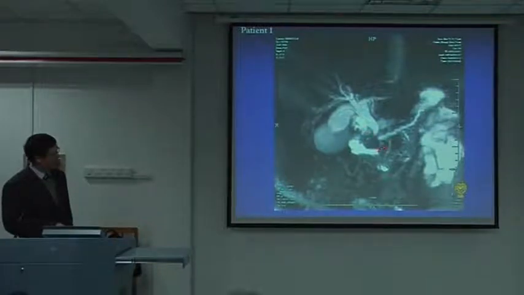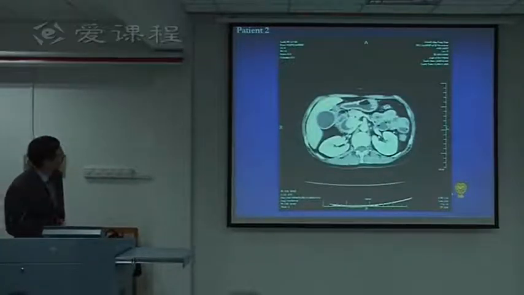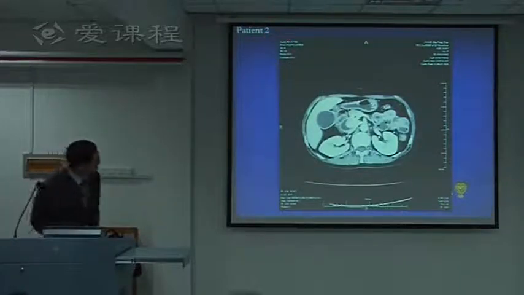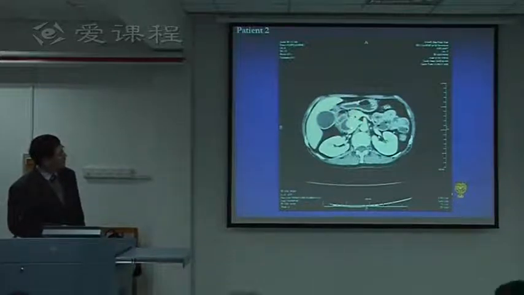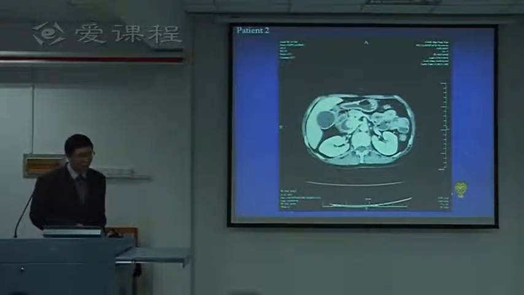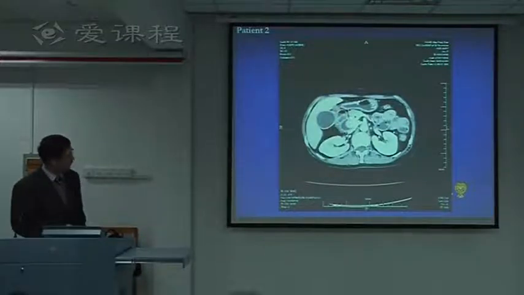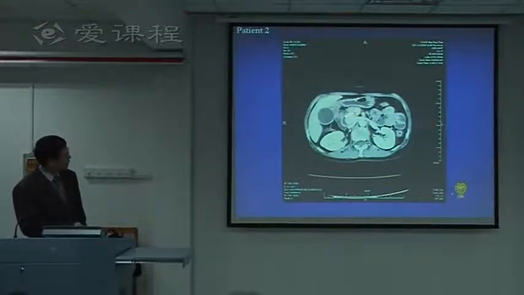So maybe a mass here obstructs the CBD and the pancreatic duct. This is the second patient. We can see a mass in the lumen of the duodenum, and the clinical diagnosis is papilloma of the duodenum. It's very large, in the lumen of the descending part of the duodenum.